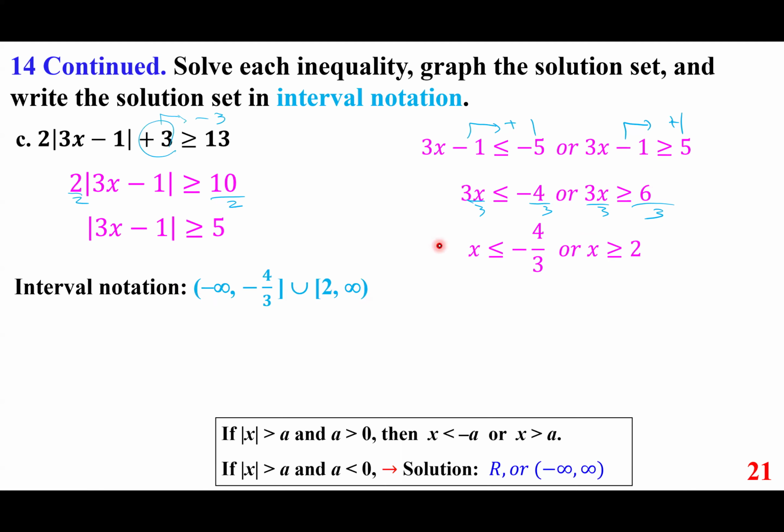They will always take parentheses. So on a number line, we have this answer.